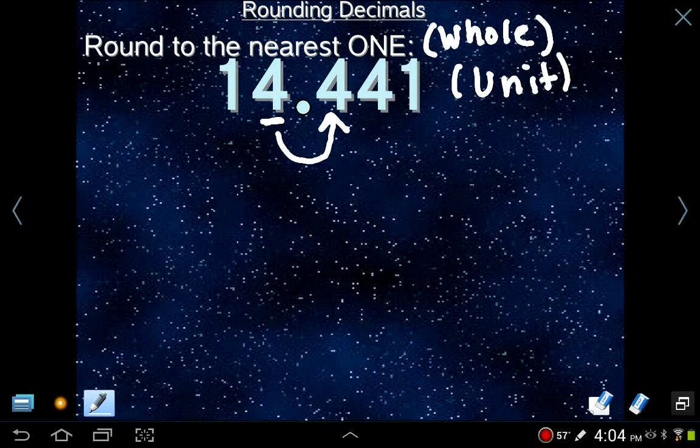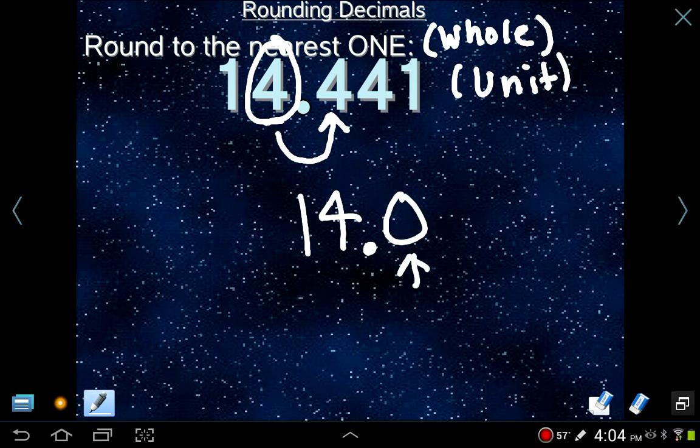So that's 4 or less, so we don't make that 4 go any lower. That 4 is going to just rest. So the answer is just 14.0. Okay? Do you need that 0 there? No. Does it make it wrong? No. So 14 or 14 and 0 tenths, I don't care. Write it any way you like, it's still right.